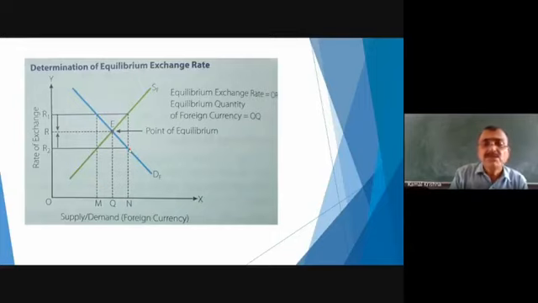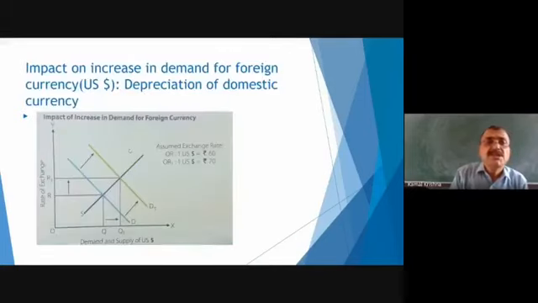Next, students, we see here the impact of change in demand and supply on the exchange rate. This is the same as we have studied in microeconomics, the price determination theory. Here we see the impact of an increase in demand.